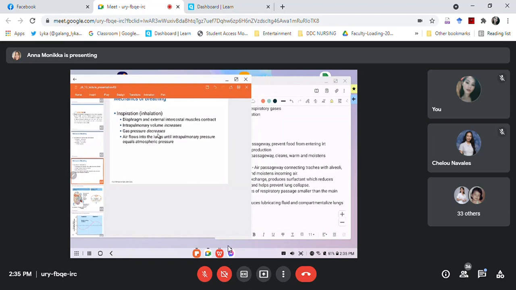So for inspiration, the action of your diaphragm: the diaphragm contracts, moves inferiorly and flattens out, so the superior-inferior dimension, or the height of your thoracic cavity, increases. Then the action of your intercostal muscles during inspiration: when the external intercostal muscles contract, they lift the ribs and pull the sternum superiorly.